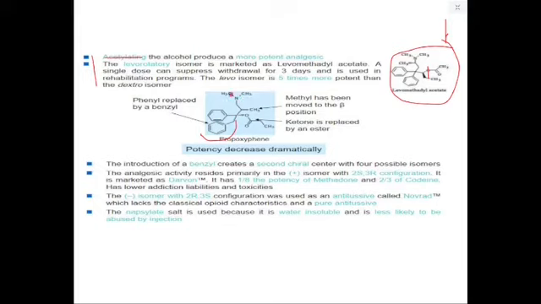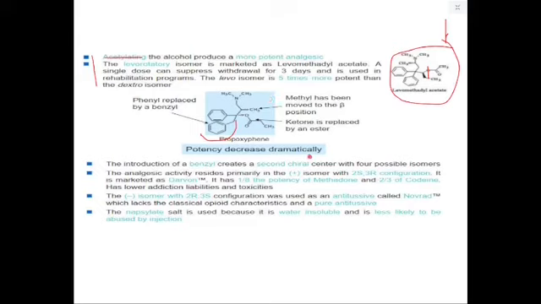So we can call it 1, 2 carbons here. So the methyl group changed from the alpha position to the beta position of the dimethylamino ethyl chain. All those, as we have already discussed, will drastically reduce the analgesic activity of propoxyphene.